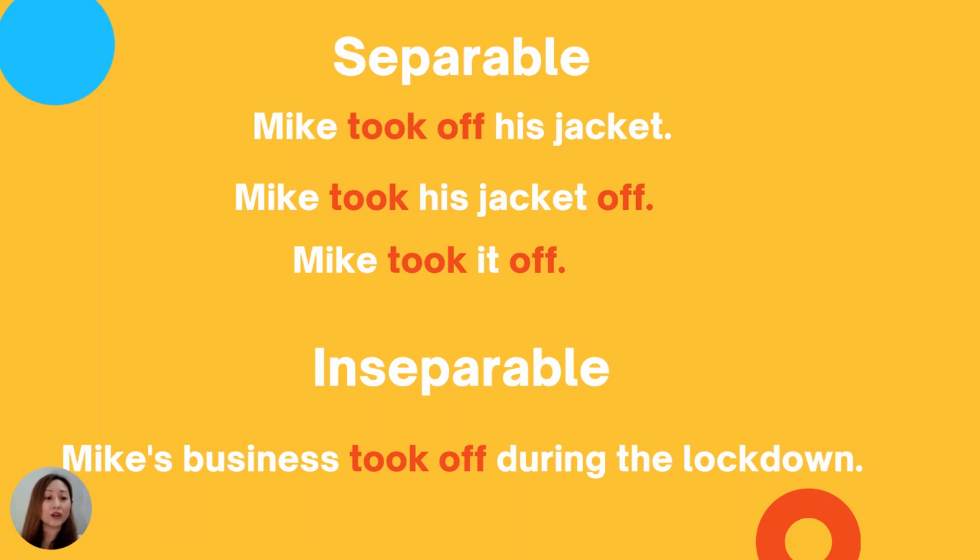And if you use it instead of his jacket, you can say Mike took it off. Now, phrasal verbs that no longer make sense if you separate them are inseparable. So Mike's business took off during the lockdown cannot be separated because there's no object in that part.